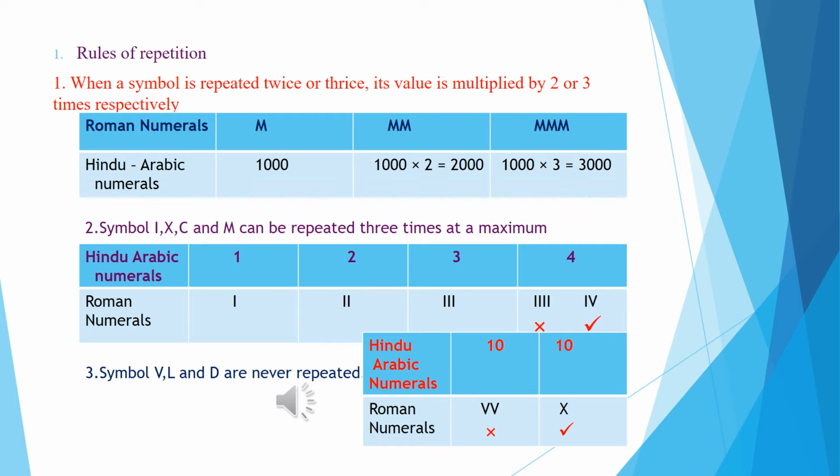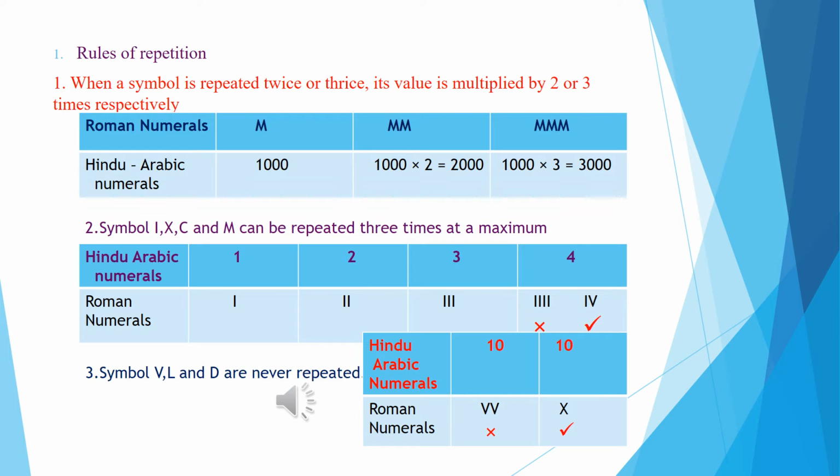The number 1000 is represented by the letter M. Now 2 M's indicates that 1000 is multiplied by 2, which becomes 2000. Therefore, MM value is 2000. 3 M's indicates that 1000 is multiplied 3 times. That is 1000 into 3 gives 3000.